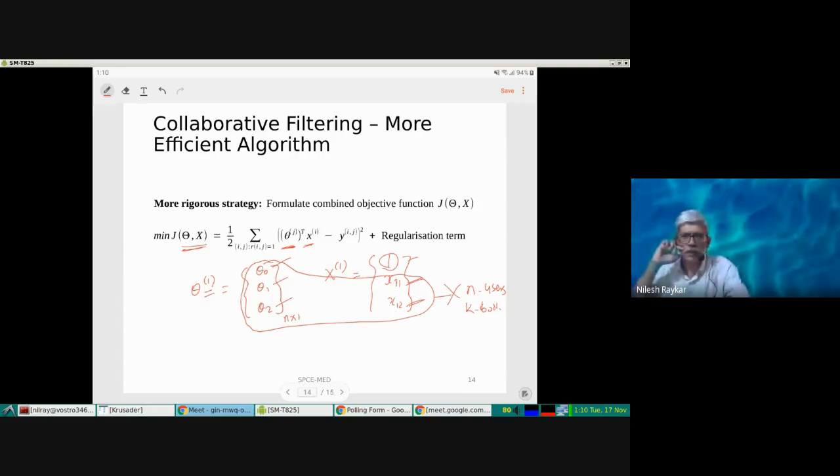So it can be faster for smaller problems, and for bigger problems, if you have more computational resources available, then this particular algorithm can be effective, where you can obtain both the feature vectors and user parameter vectors simultaneously. So that is in short how the collaborative filtering based recommender algorithm works.